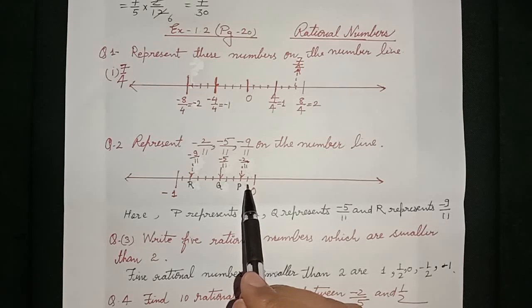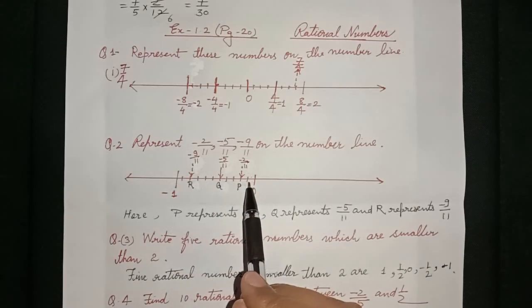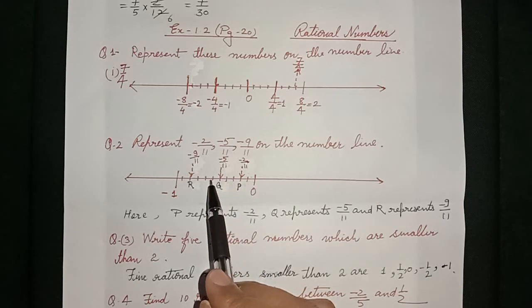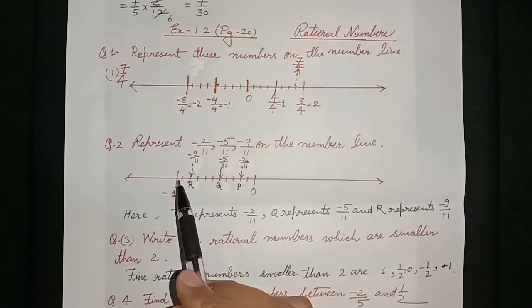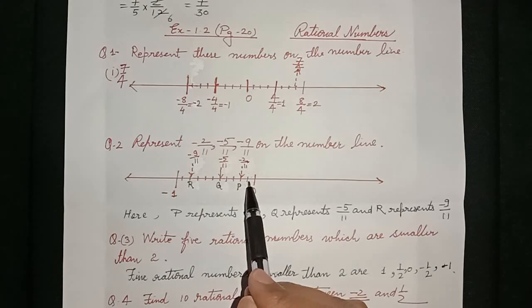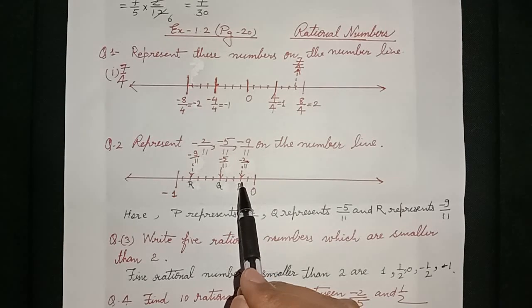and the value of one small part is equal to minus 1 upon 11. You can see I have divided it in 11 parts: 1, 2, 3, 4, 5, 6, 7, 8, 9, 10, 11. From 0 to this point, it shows minus 1 upon 11, and from here to point P, minus 2 upon 11.